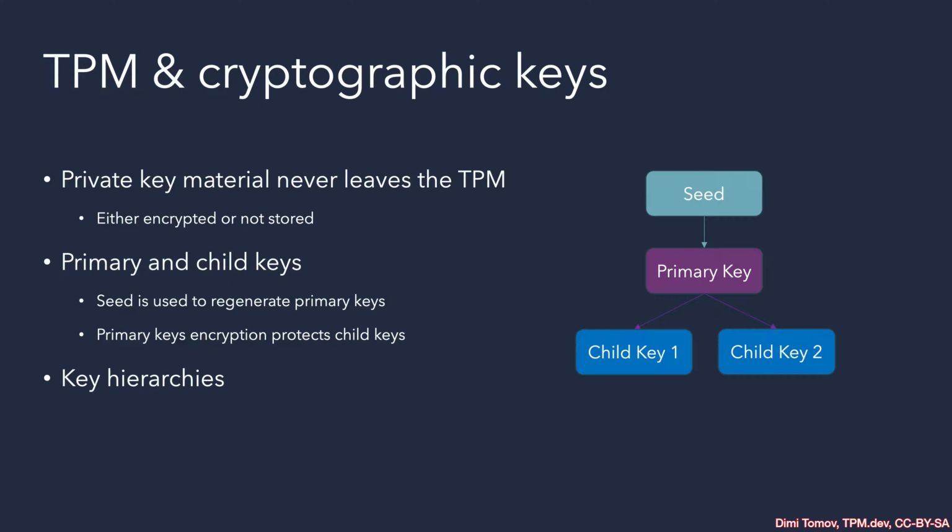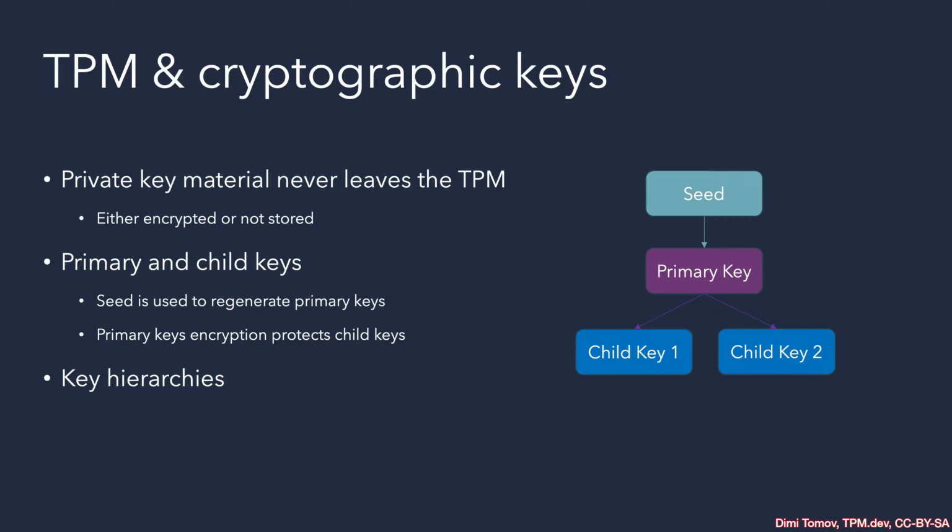First and foremost, we need to know that private key material can never leave the TPM in plain form. The keys are either encrypted or not stored. Keys that are usually not stored are primary keys that can be regenerated every time. To regenerate these keys, of course, we need to have the proper authorization, and also we need to know what seed was used.